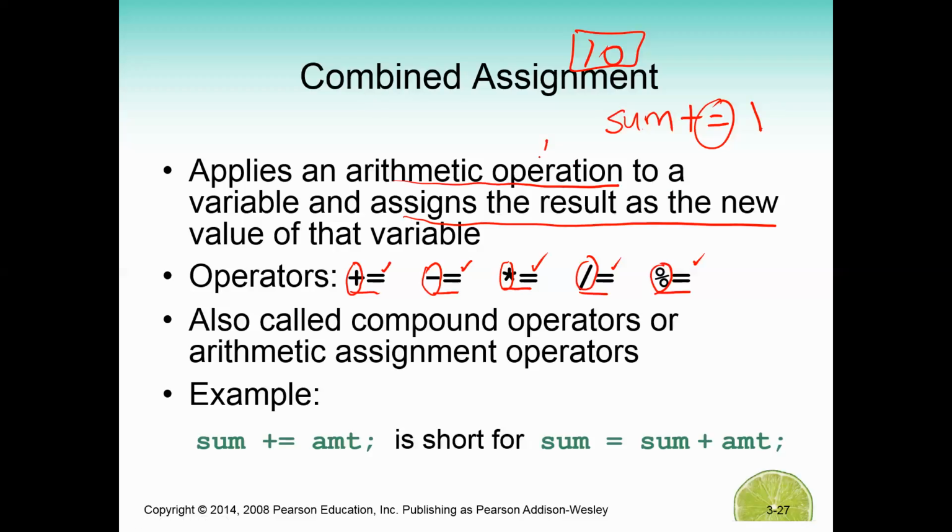And then what do I do? Assigns. So the 11 that is in the arithmetic unit is going to be brought, and it's going to be placed in sum. And sum had a 10, now it has an 11. Another name for combined assignment operators is compound operators, or arithmetic assignment operators.